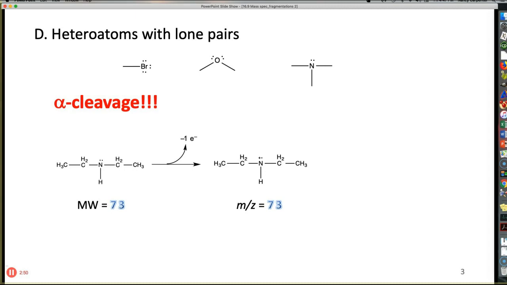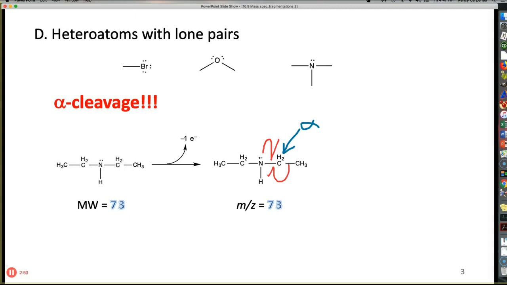Basically what we're saying is that you start by putting your arrow on the odd electron, and it would like to pair up with somebody again. And so right next door, right here in the alpha position, it's going to homolytically cleave that bond between the alpha and beta carbons.